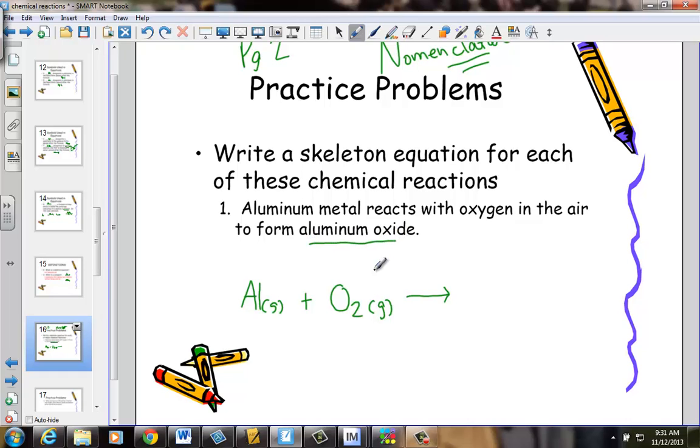Now, don't just squish those together and be done. We have to consider nomenclature, charges. When aluminum hooks in a compound, it will hook with a +3 charge. When oxide, hear the "ide," hooks in a compound, it hooks with a -2 charge.